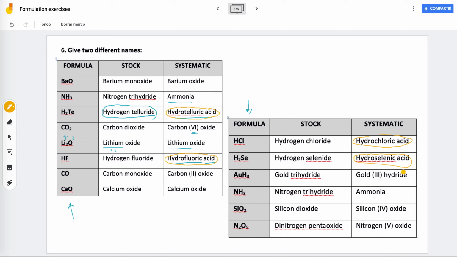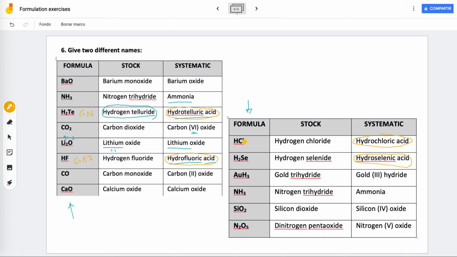But these ones are in a specific group, 16 and 17. Yes, group 16 and 17. Tellurium is from group 16. Fluorine is from group 17. That's why it's an acid.